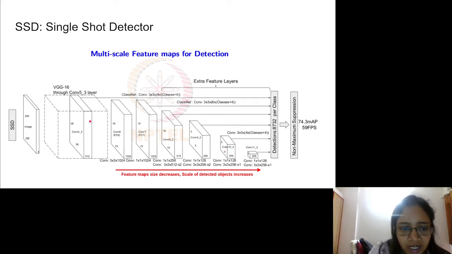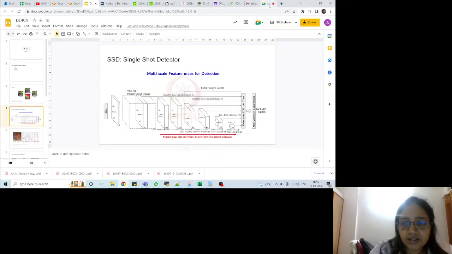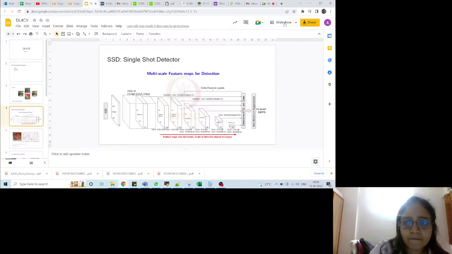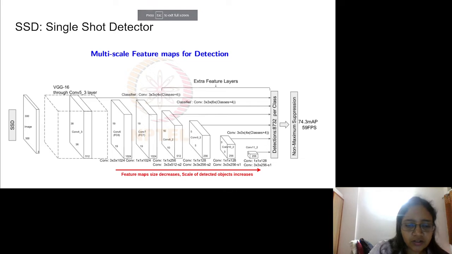We all know that the feature maps in the beginning of the network are there to detect very fine, low level features in your image.